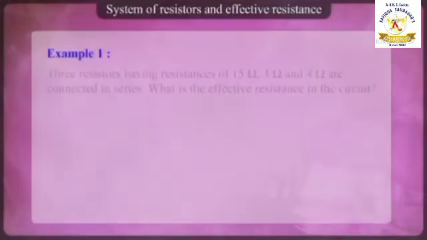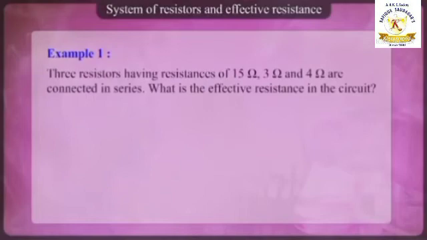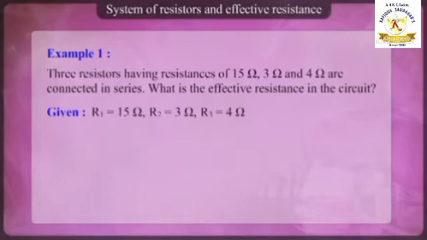Example 1. Three resistors having resistances of 15 ohm, 3 ohm and 4 ohm are connected in series. What is the effective resistance in the circuit? First we have to write the given things, that is R1 is equal to 15 ohm, R2 is 3 ohms, R3 is equal to 4 ohms.